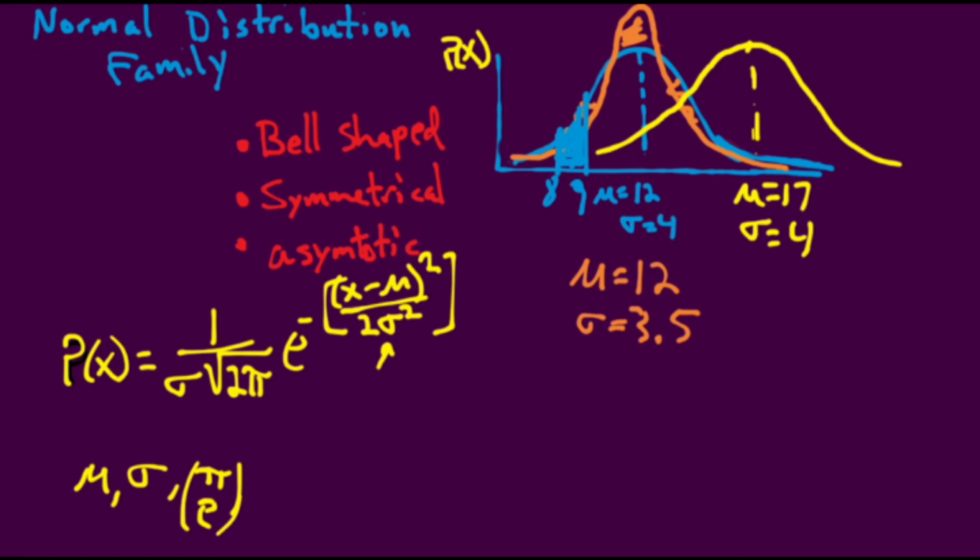But let's say I want to worry about this yellow distribution here. I could plug in various points.